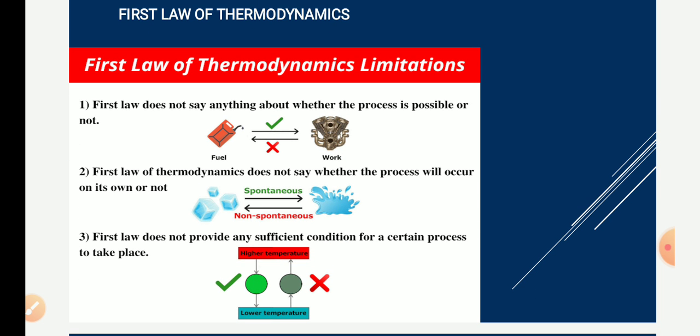Limitations of the first law of thermodynamics. Just now we discussed the first law of thermodynamics, but it has some drawbacks. What are they? For example, it doesn't explain under what conditions, processes or phases things occur. In the first point, you observe from the figure, fuel to work: by converting fuel energy into work, we can convert fuel into work, but the process is irreversible because that work can't be converted again into fuel.